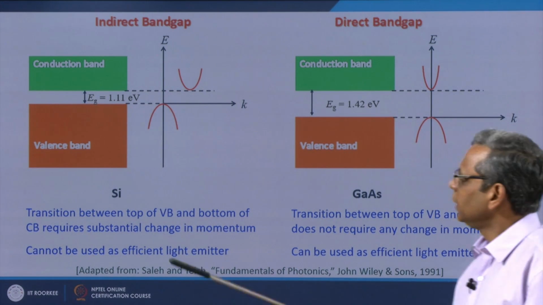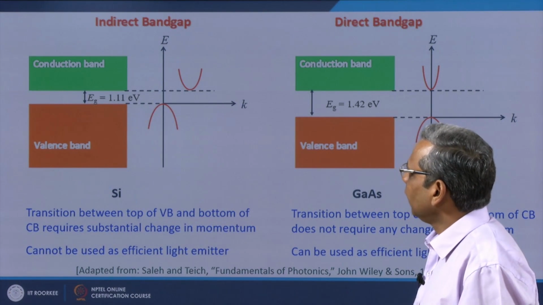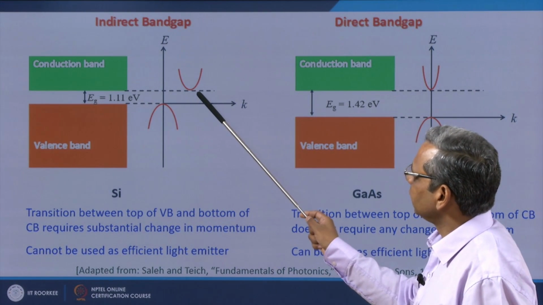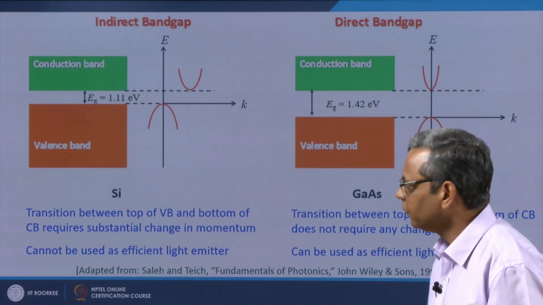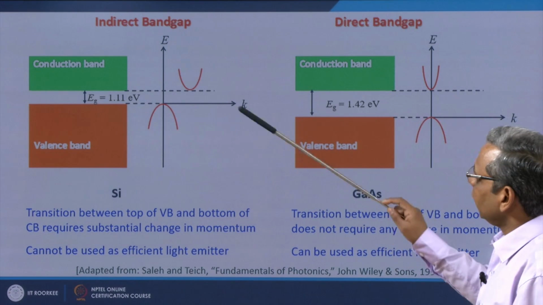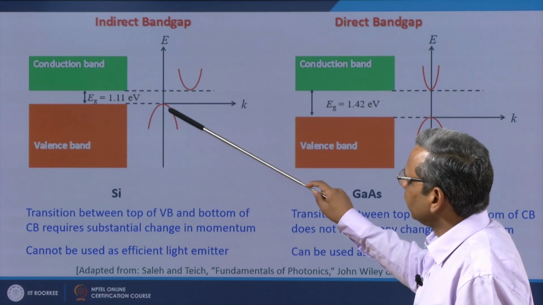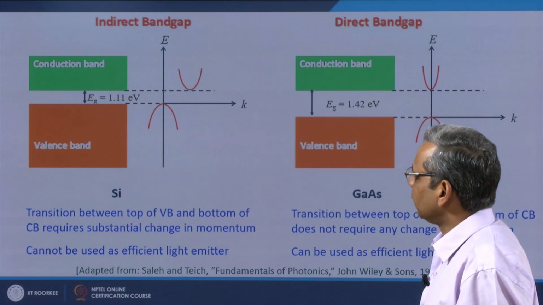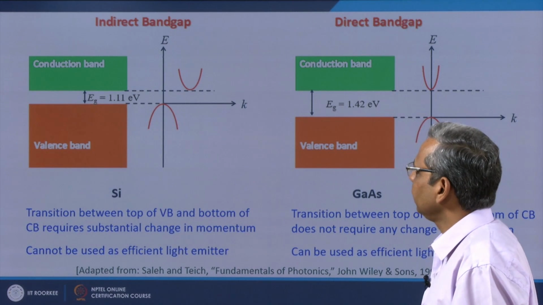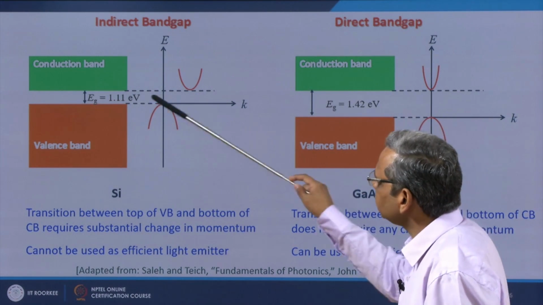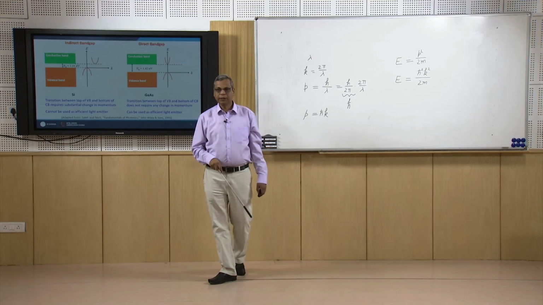Silicon has a band gap of about 1.1 electron volt and its conduction band is displaced along k axis with respect to the valence band. So, for a transition between the top of valence band and bottom of conduction band would now require change in the value of k, that is the change in the momentum of the electron.